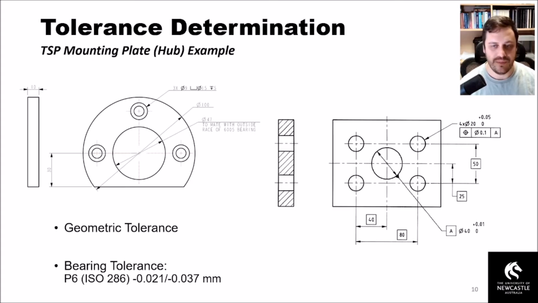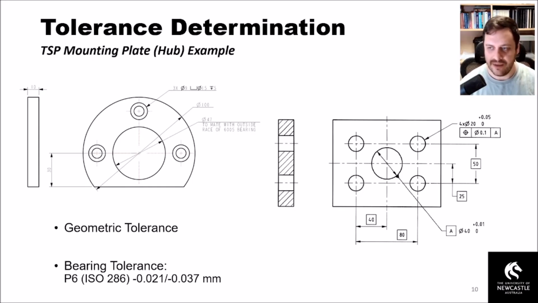This time, because of the pressures acting on the bearing, you're actually going to be under. So for the particular example that you're looking at, it's going to be diameter 47 minus 0.021 of a millimeter and then minus 0.037 of a millimeter. I won't go through and actually draw that on the Remarkable.